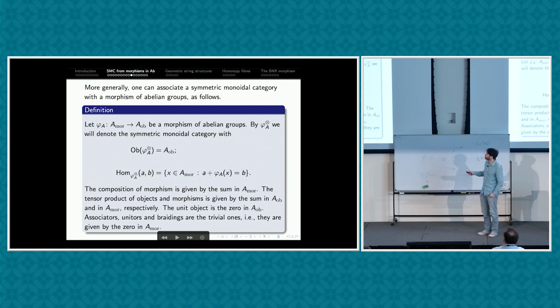And the way this group is seen as morphisms is just the Dold-Kan correspondence. So morphisms from A to B are those elements X in the group of morphisms that move A into B. And it is very simple to see that the addition here and here endows all this with a symmetric monoidal structure, and so I can take this as the target for my TQFT.